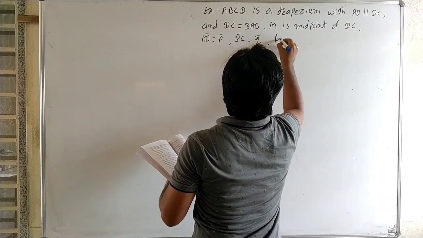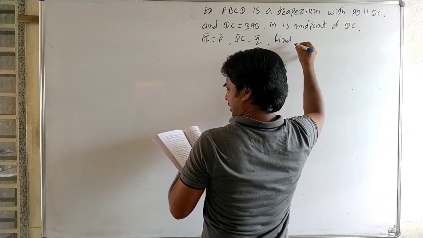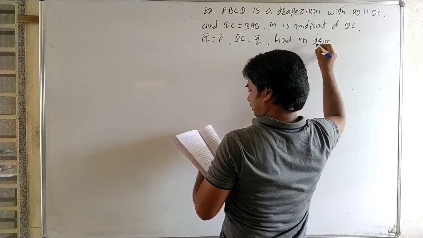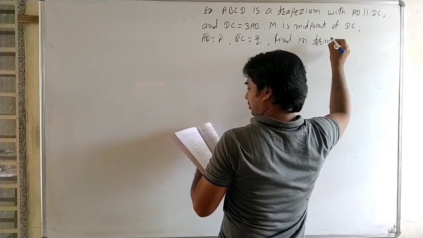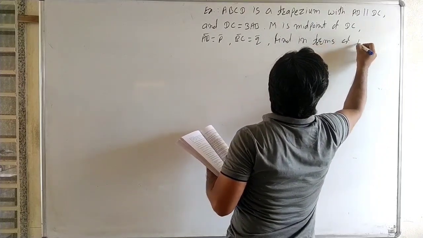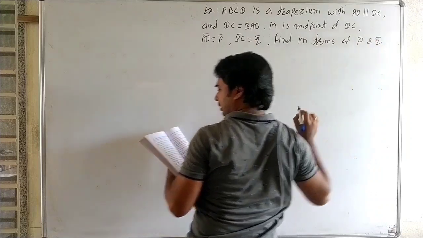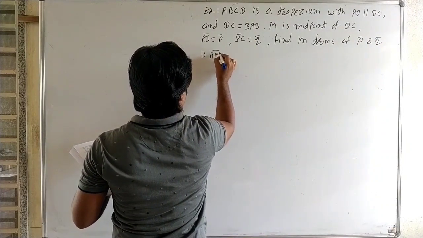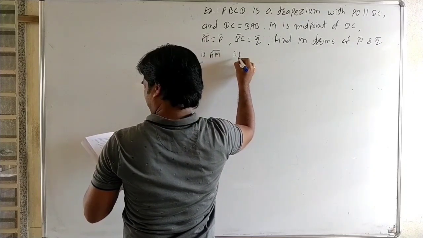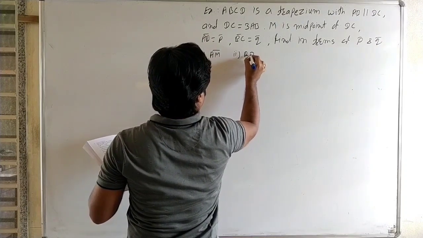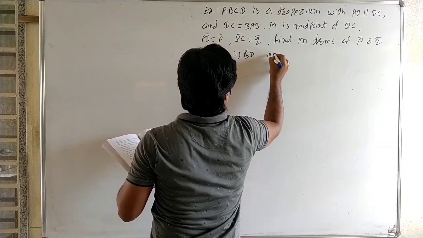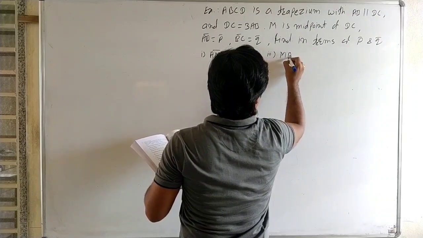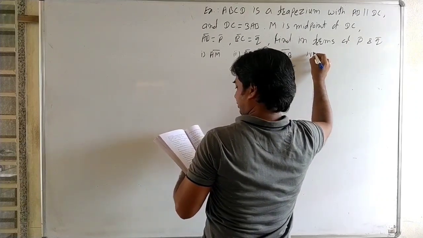Then find, in terms of P bar and Q bar, first vector AM, vector BD, vector MB and vector DA.